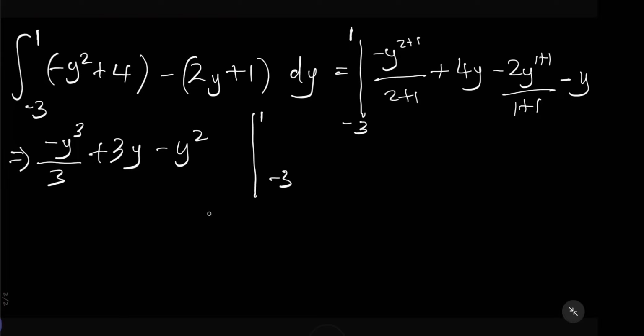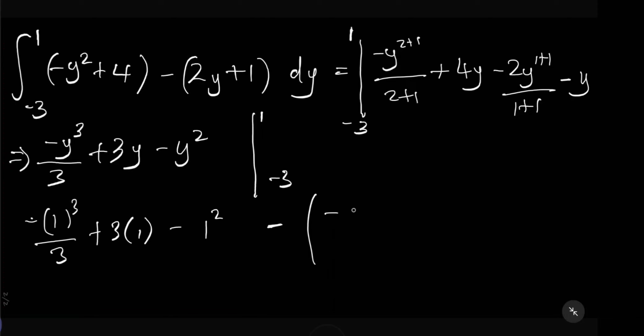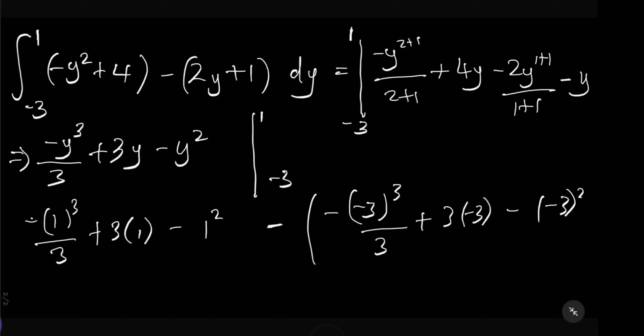So we are going to resolve this. For this expression where y is 1, I have minus 1 raised to the power 3 over 3 plus 3 times 1 minus 1 raised to the power 2, minus, where y now is minus 3, you have minus minus 3 raised to the power 3 over 3 plus 3 times minus 3 minus minus 3 raised to the power 2.